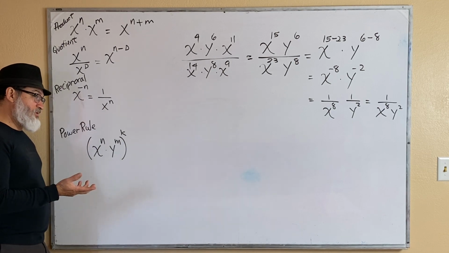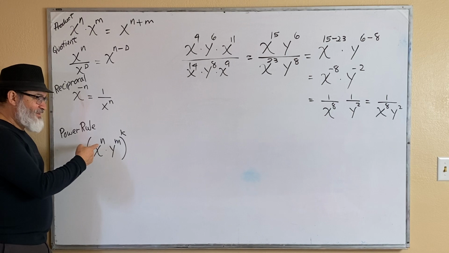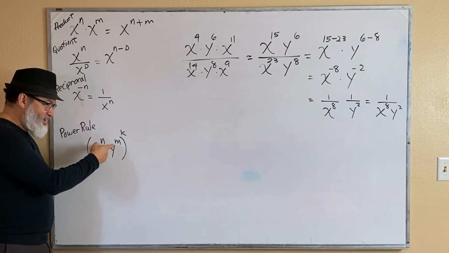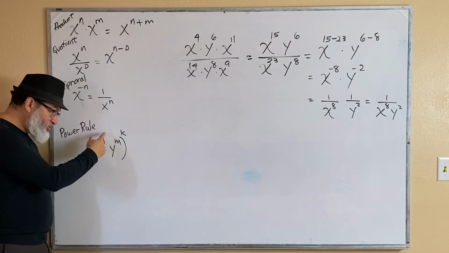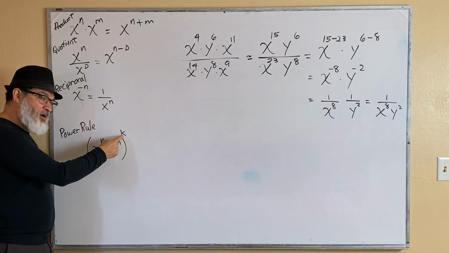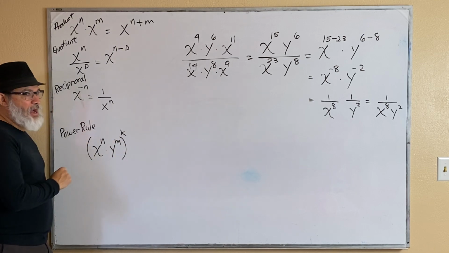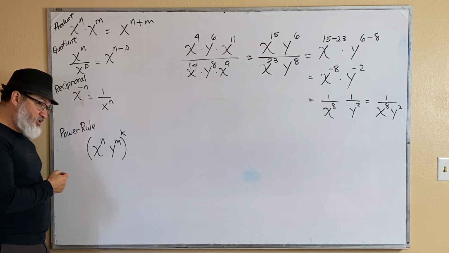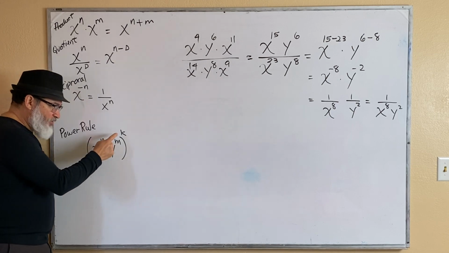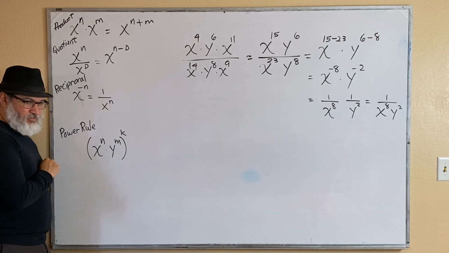The rule says that when this house is being raised to the kth power, everybody in the house has to be raised to the kth power. In other words, you have to apply this k to everybody in the house.